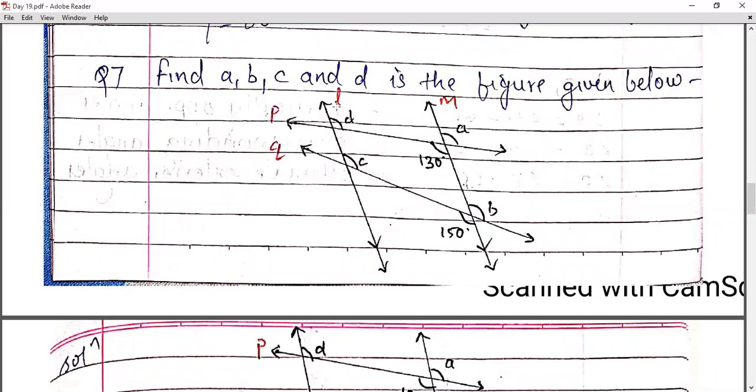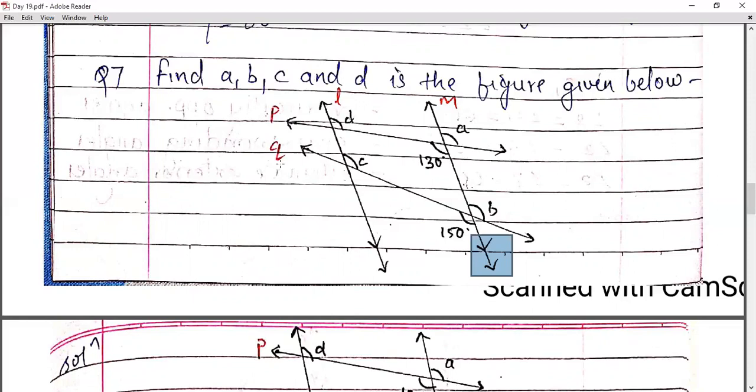Since the names of the lines are not mentioned, to make it a little bit easier, I have taken the names of the lines as line L, M, P and Q. Here you can see line L and line M are parallel. They are marked by arrows. So line P and line Q will alternately be acting as transversal.